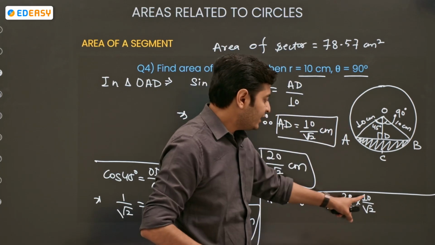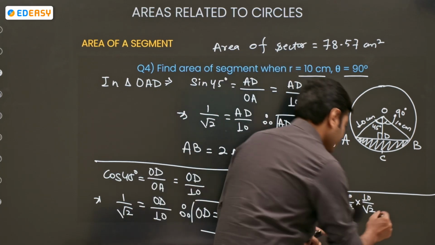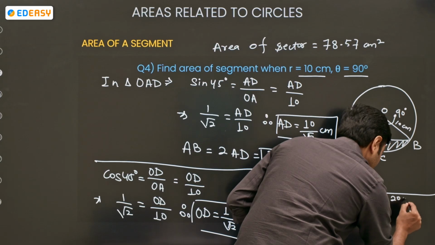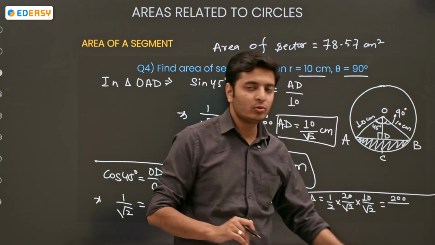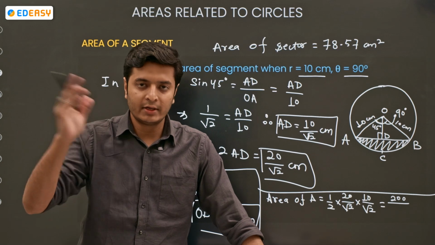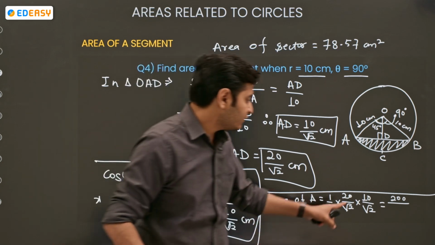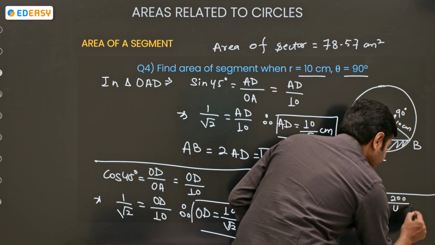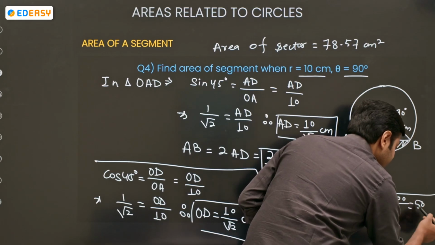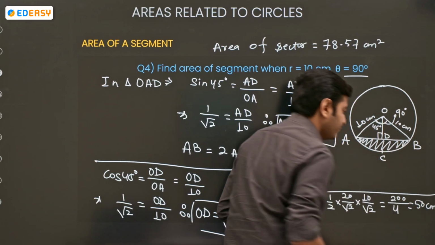Now 20 into 10, 200. Numerator divided by 2 into, okay, look at this, root 2 into root 2, square and root are going to cancel each other. So what are we left with? 2. And 2 into 2, 4. So 200 by 4 is going to give us 50 centimeter square.